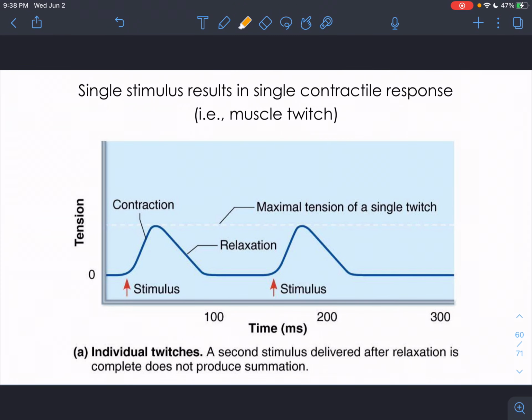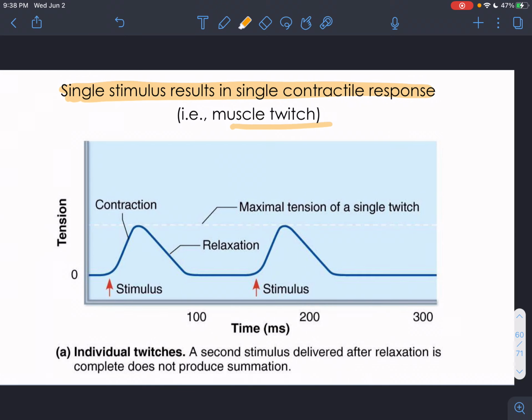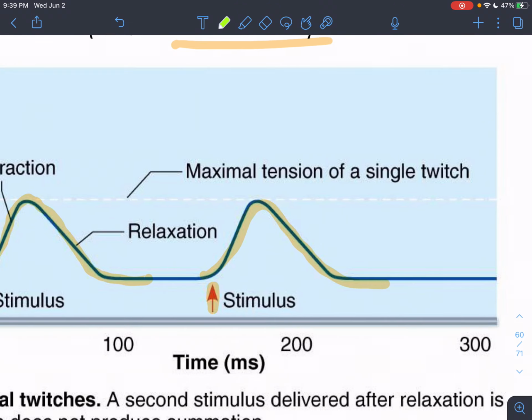So we see here the single stimulus results in a single contractile response, which is that muscle twitch we just talked about. Okay, so you need a stimulus, you have contraction, relaxation. Another stimulus, contraction, relaxation. And remember, if I zoom in here, if we draw a line up from the stimulus, you should see a little bit of time.